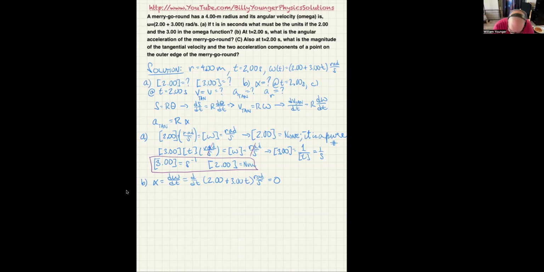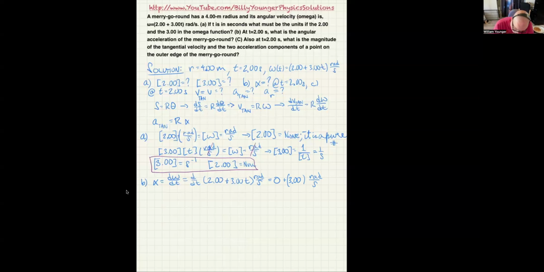And since it's already multiplied by radians per second, we're just going to say plus 3.00 radians per second is being multiplied by that. And of course, we already know that the unit of the 3 was reciprocal seconds.